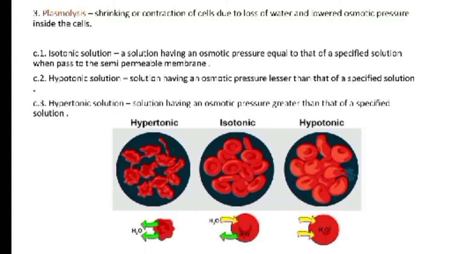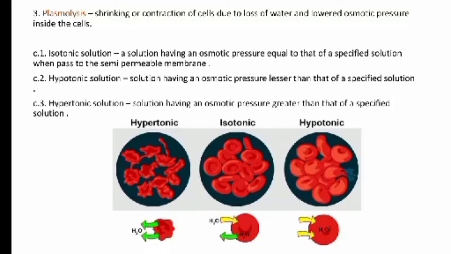And number 3 is plasmolysis: the shrinking or contraction of cells due to loss of water and lowered osmotic pressure inside cells. An isotonic solution has an osmotic pressure equal to that of a specified solution when separated by a semi-permeable membrane.